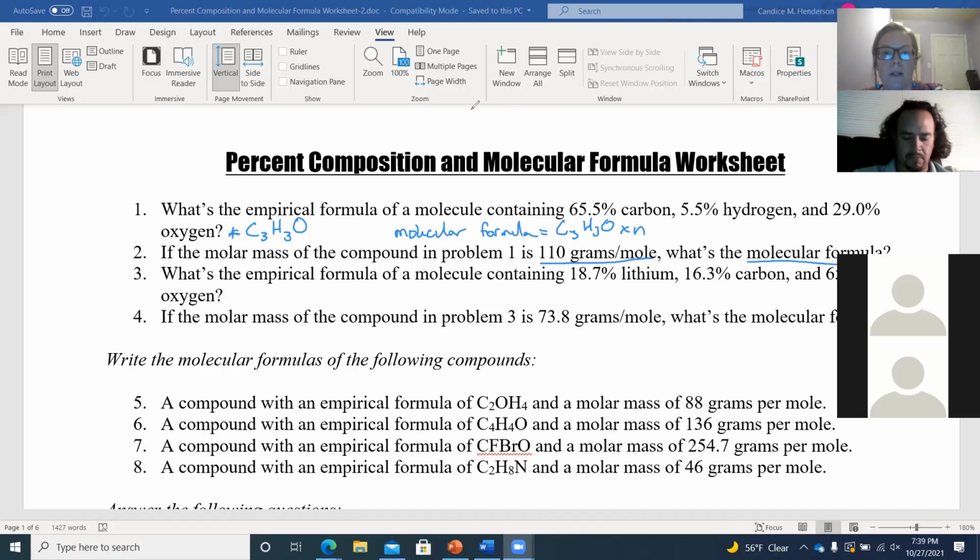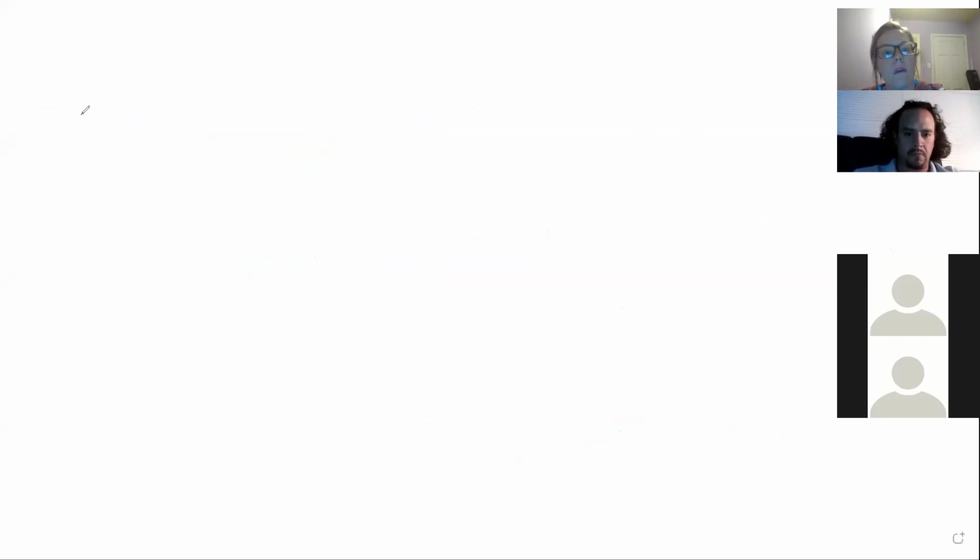Okay, so I'm going to pull this information over to our whiteboard. Figure this thing out. So we said that we have C3H3O. That's our empirical formula. Sometimes the problems will give you the empirical formula.